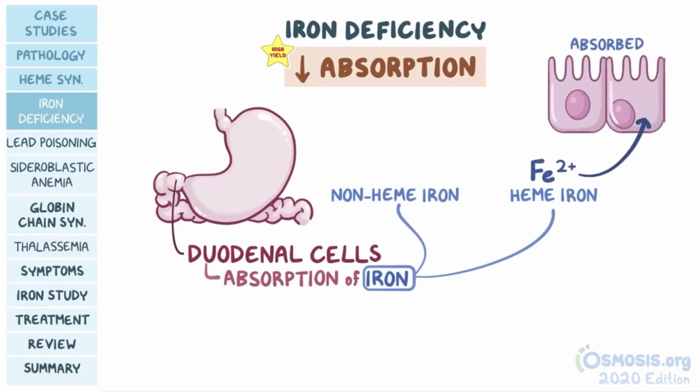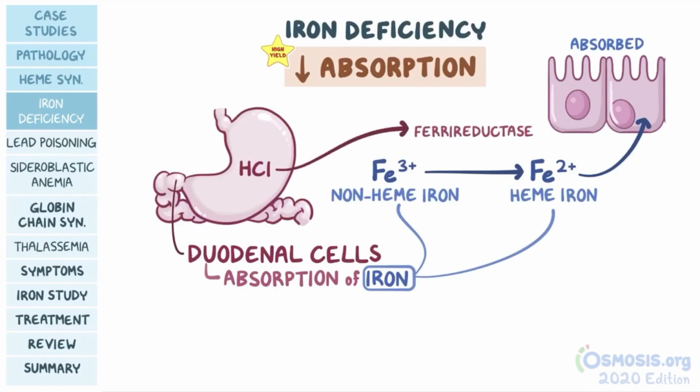But the non-heme iron is in the ferric or Fe3+ state and needs to be reduced to heme iron first before being absorbed. So the stomach's hydrochloric acid activates a group of enzymes in the duodenal cells, collectively called ferroreductase, which reduces Fe3+ to Fe2+.